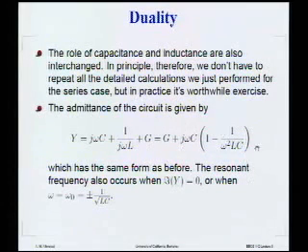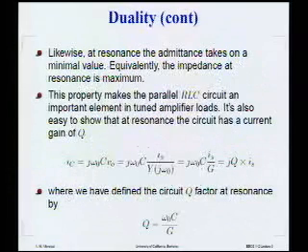Again, you can see that at frequency omega naught equal to 1 over square root of LC, plus or minus, the admittance is purely real. It just has a conductive part, just like a series RLC circuit. You can also pretty easily show that in this circuit, you basically have current multiplication as opposed to voltage multiplication.